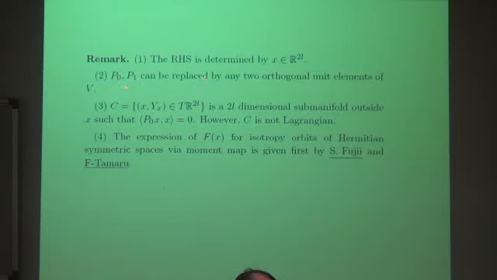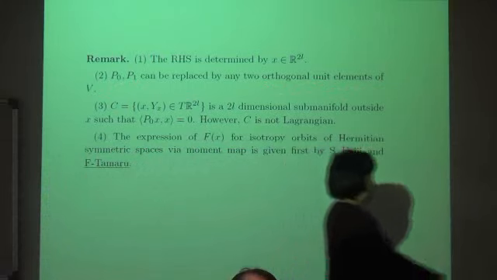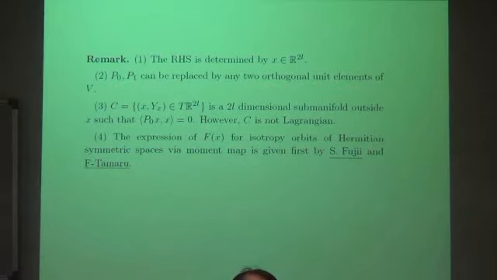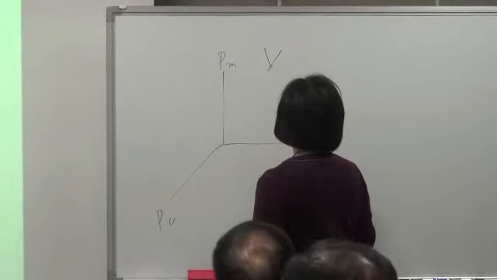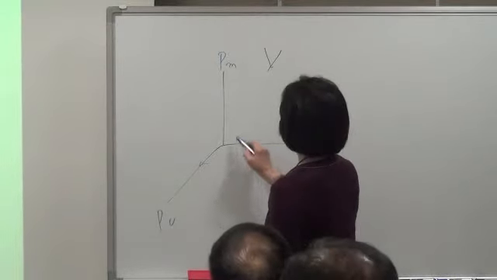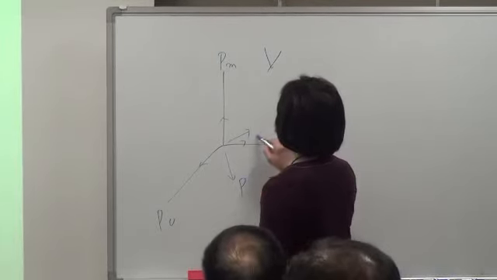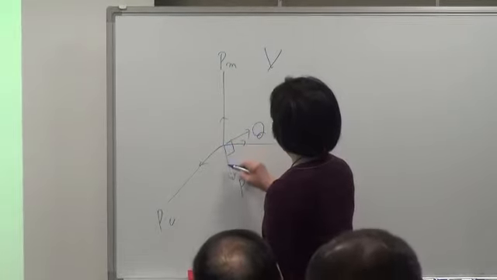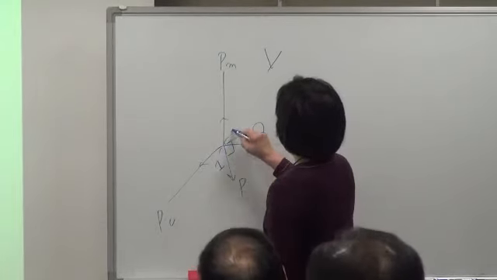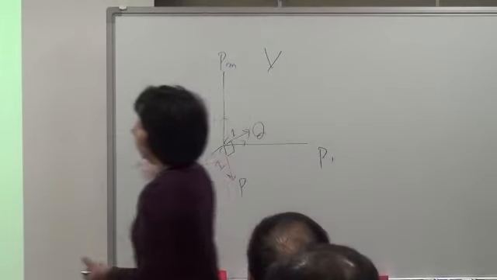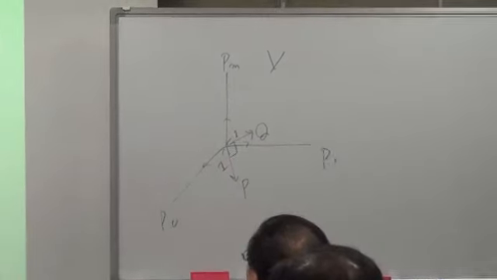So P0 and P1 can be replaced by any two orthogonal unit elements of V. So we have a space V, spanned by P0, P1 and Pm. They are an orthonormal frame, and so we can choose any P and Q in this space, mutually orthogonal and unit. So we can replace P0 and P1 with any P and Q.